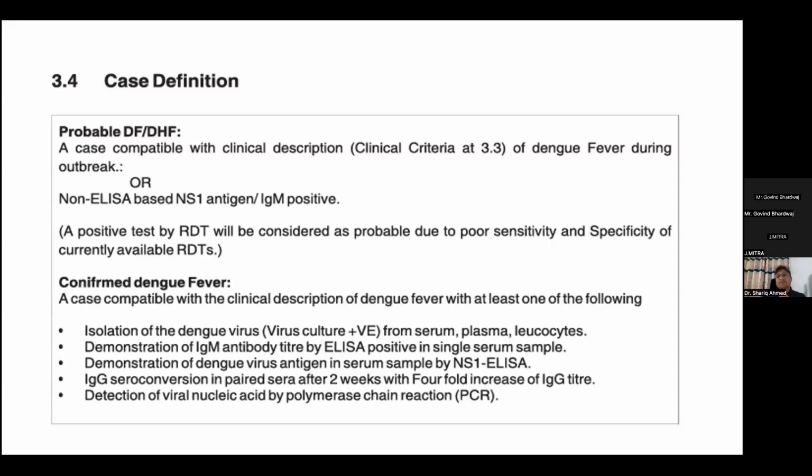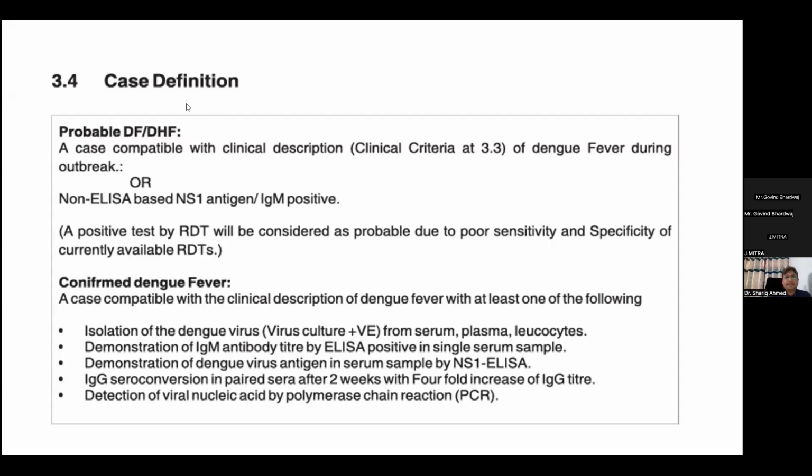A confirmed dengue fever is only considered when we can isolate the virus in culture from the serum or plasma, or we can demonstrate IgM antibody titer by ELISA, or we demonstrate dengue virus antigen by NS1 ELISA, or there is a seroconversion of IgG after 2 weeks, a 4-fold rise in the IgG titer, or we detect the RNA of the dengue virus by PCR.